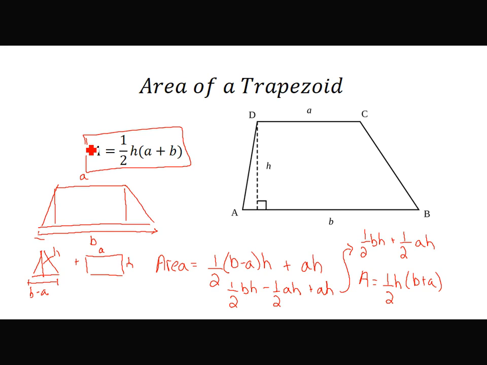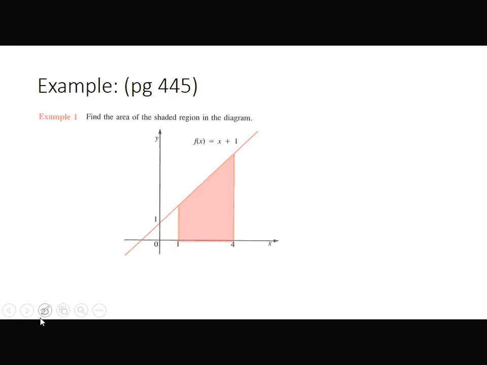Now we're going to use this to help us find the exact value of the area between a curve and the x-axis. So if I look at this one from page 445, it's just linear, so it can be exact values. It can be an exact value, not an approximation.